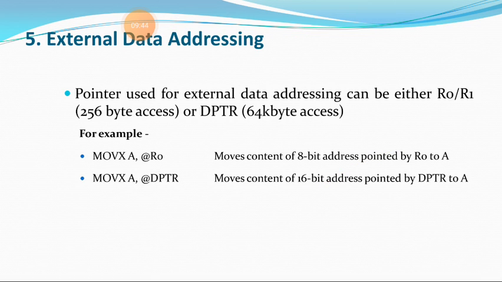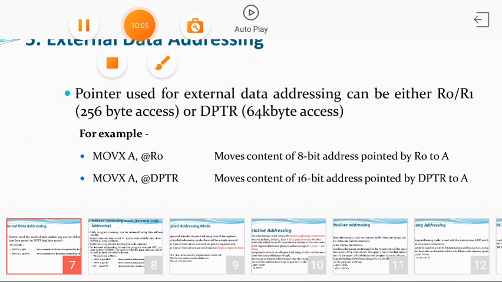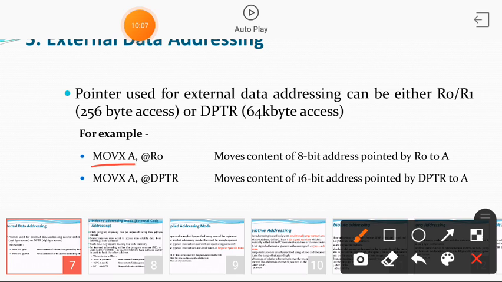Next is external data addressing. Here the pointer used for external data addressing can be either R0 or R1 or DPTR. So for external data accessing, we are using this pointer. External data operation is indicated by the instruction MOVX.